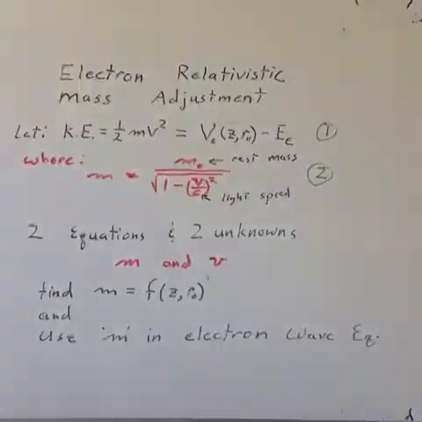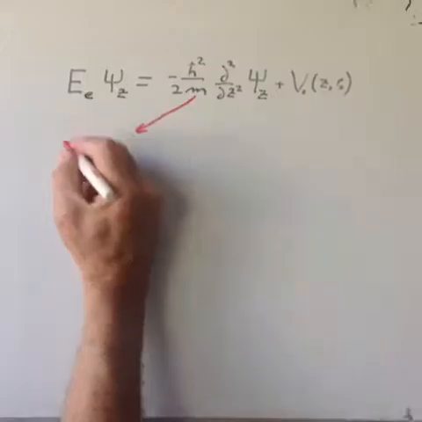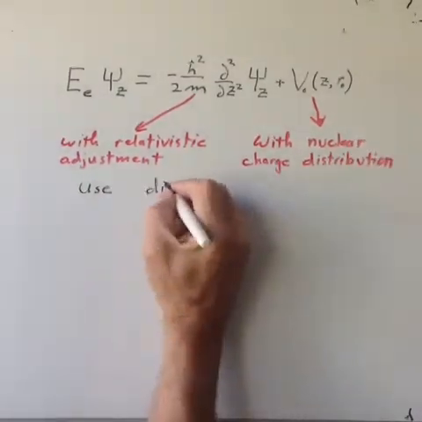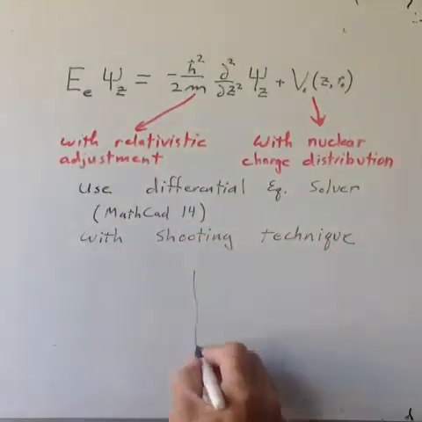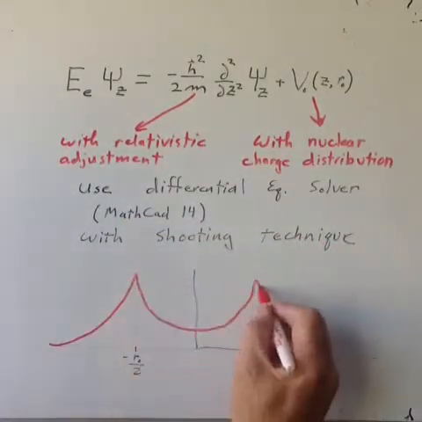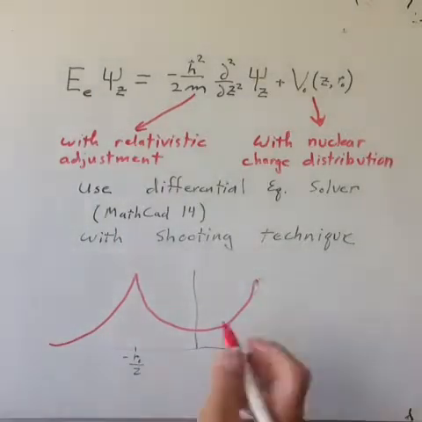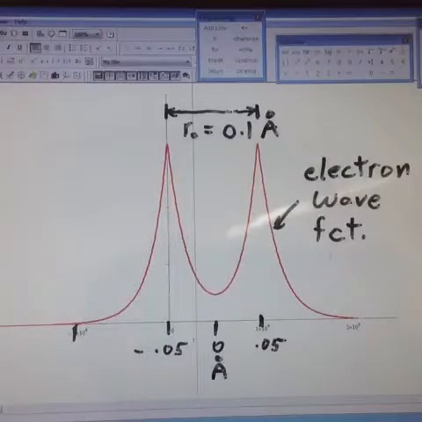With the relativistic mass adjustment and the charge distribution in the nuclei giving a complete potential, we can then use a standard differential equation solver, in this case MathCAD 14. We use a conventional shooting technique, as shown, adjusting the electron energy until the boundary conditions are satisfied. A typical wave function is shown for a deuteron separation of 0.1 angstrom.